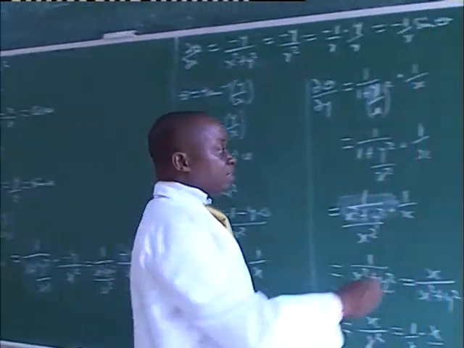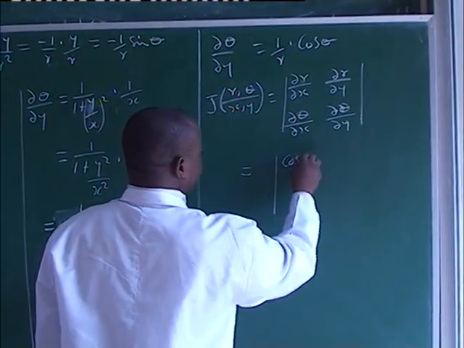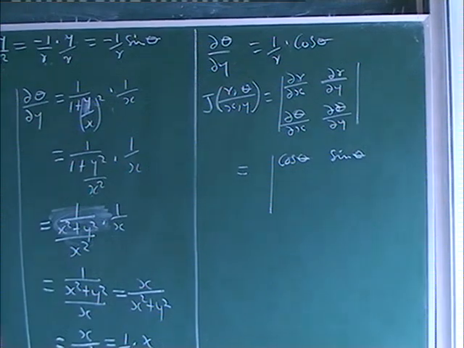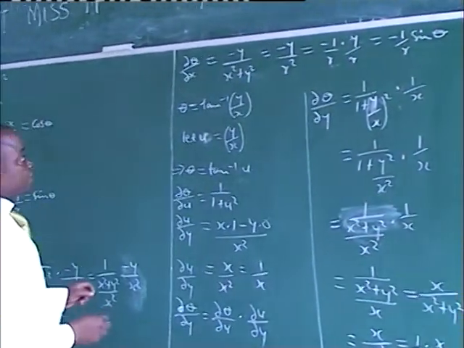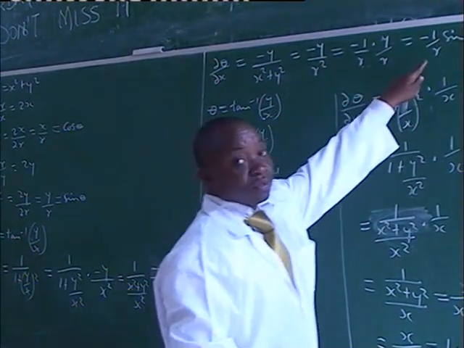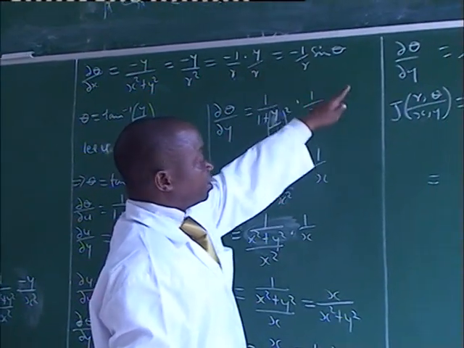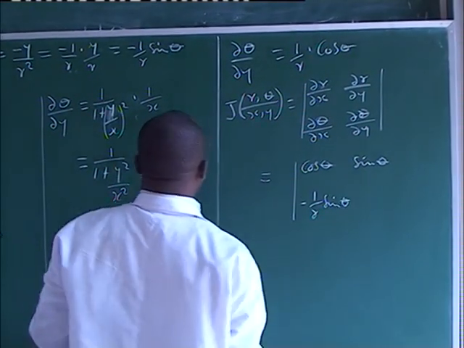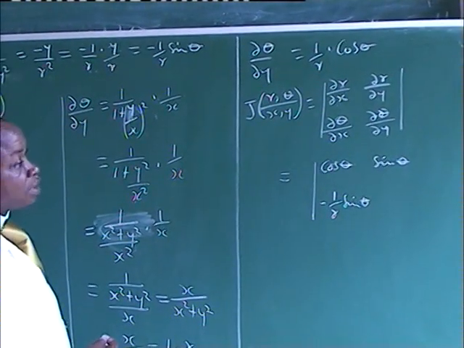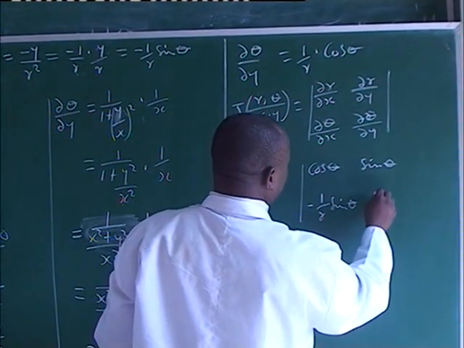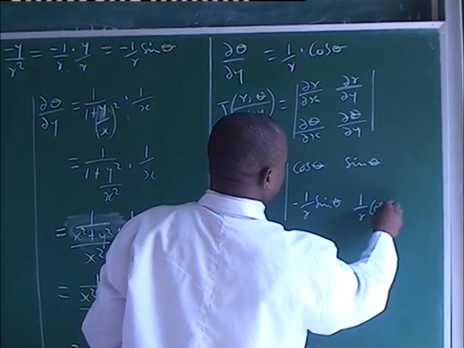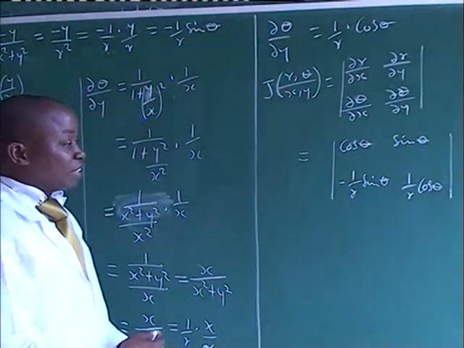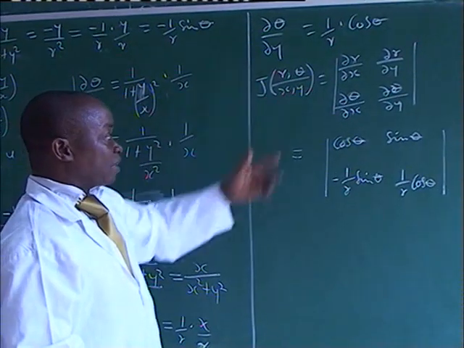Then partial theta partial x was minus 1 over r sin theta. Then partial theta partial y is 1 over r cos theta.